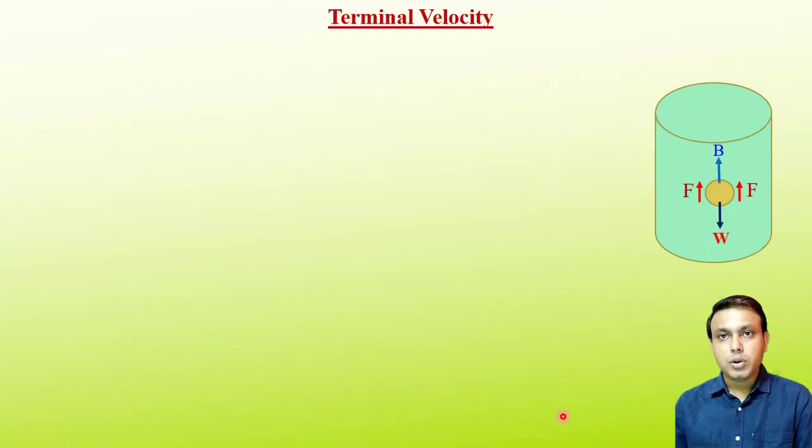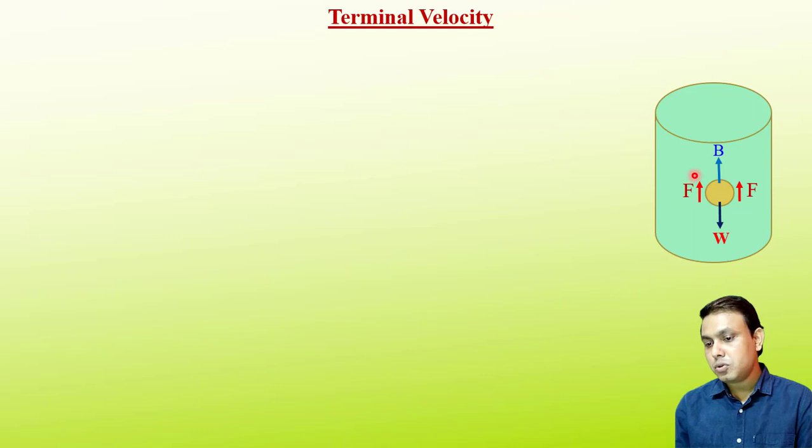Now, terminal velocity. Initially, the downward force is larger. The upward force, that means the sum of the viscous force and buoyant force, is smaller. Now, as the body goes downwards, its velocity gradually increases due to acceleration.